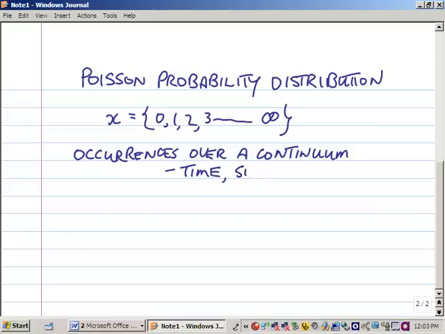Another one, of course, is space. Both time and space can be divided up into infinitesimally small periods. So that's very different than a binomial, but now we're talking about occurrences.